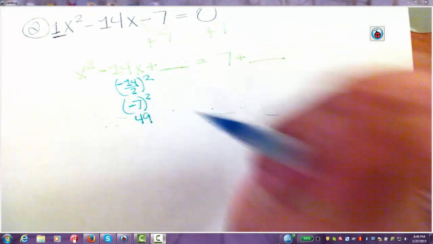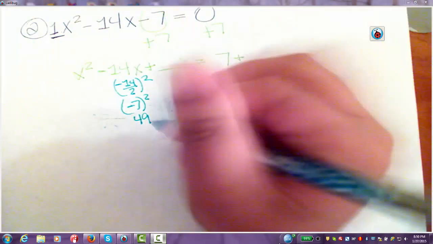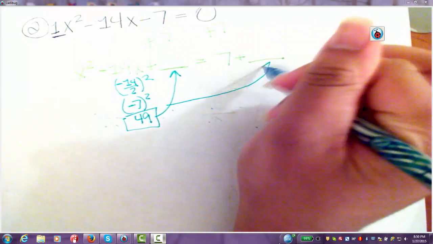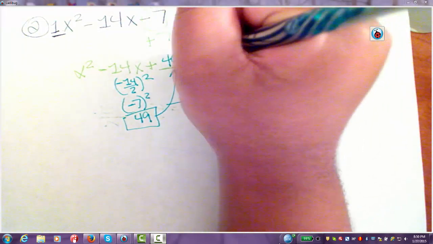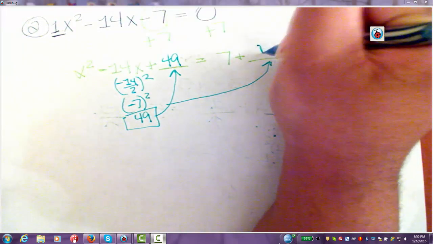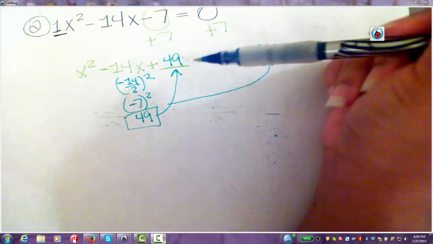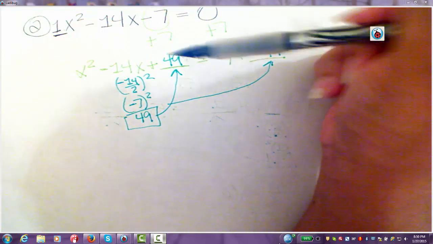Negative 7 squared is 49, so 49 goes in the blanks. So now our left side is a perfect square trinomial.